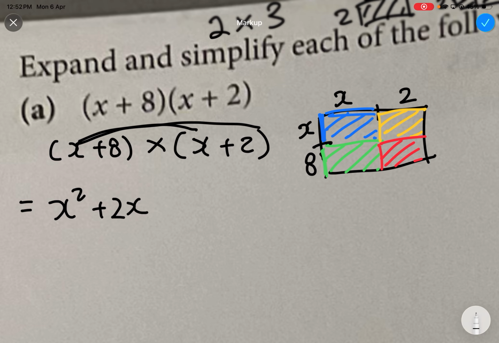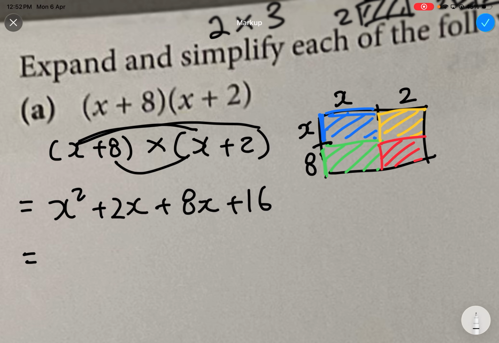Then my 8 over here will multiply this x to give me this piece. So my 8 over here multiply this x. And lastly, this small piece here is 8 multiply 2. So when I multiply 2 brackets together, I don't need to always draw this out.